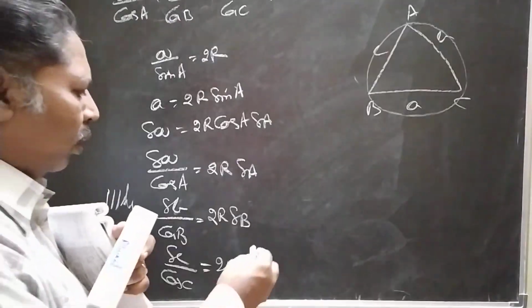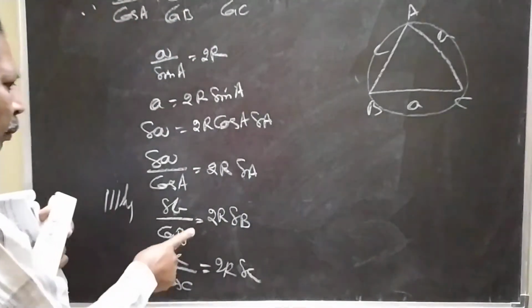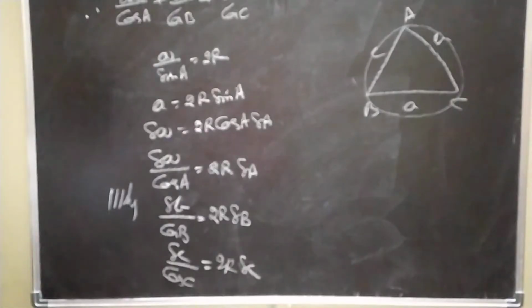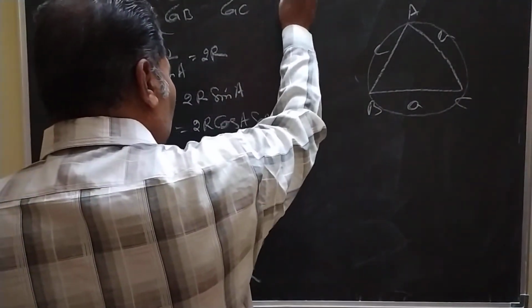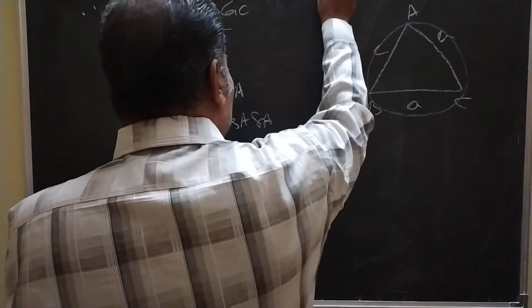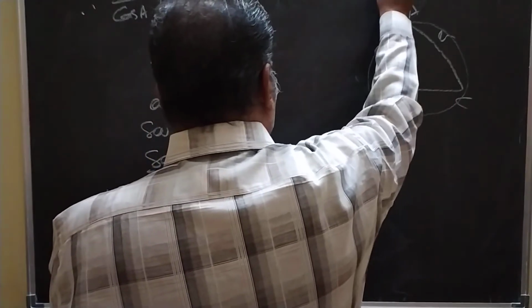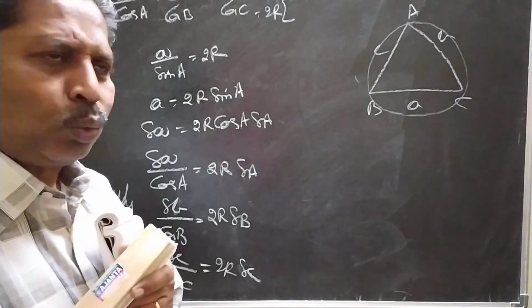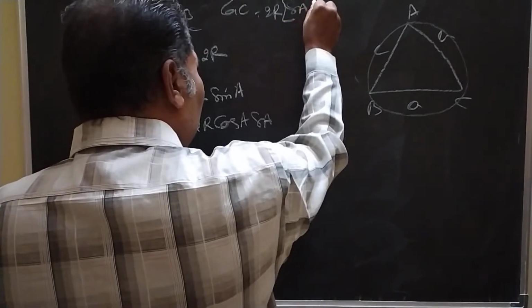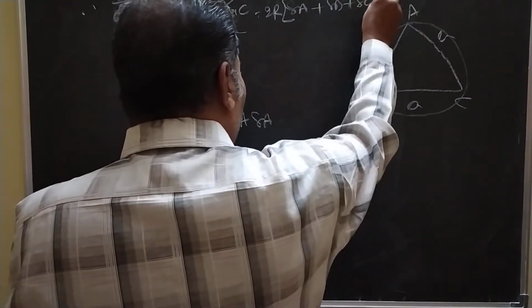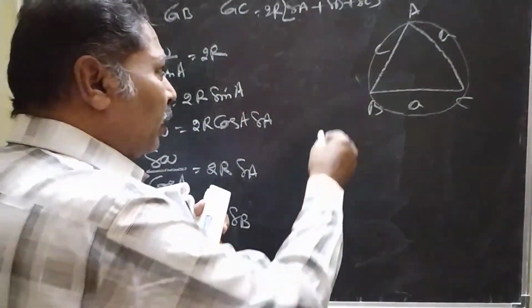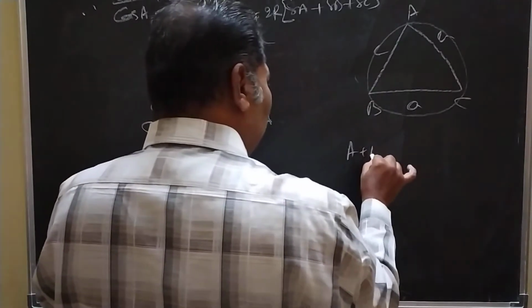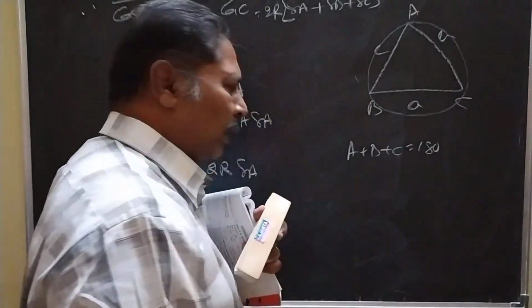Therefore delta a by cos A plus delta b by cos B plus delta c by cos C equal to 2R delta A plus 2R delta B plus 2R delta C. Take 2R common: delta A plus delta B plus delta C. We know that A plus B plus C equal to 180.